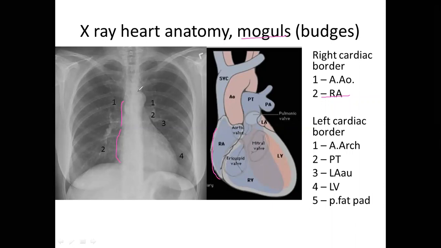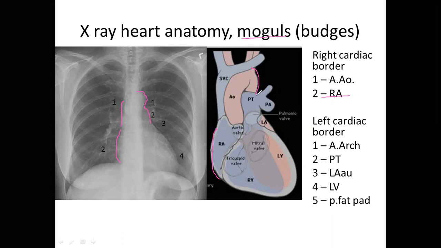Let's speak about the left border of the heart. Here is the first bulge or first mogule. With which structure is it formed? It is formed by this structure, called the aortic arch, right there. Then we have the second bulge, right here.